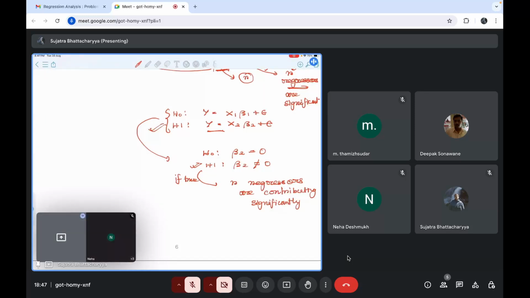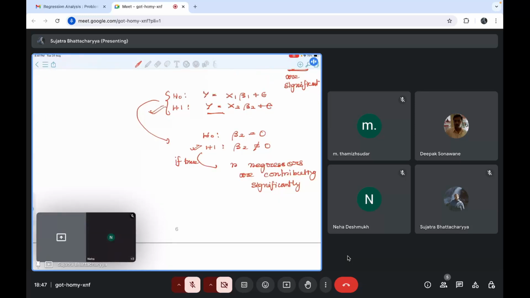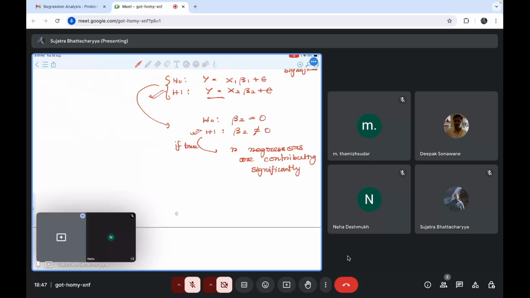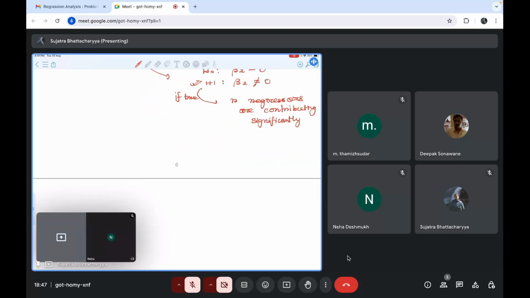Fine, so this is what it is. For this, we write a test statistic using the F statistic. Briefly writing, this is SS regression of the full model, which consists of k minus one regressors, minus SS regression for the restricted model. Restricted means there are r regressors, right?